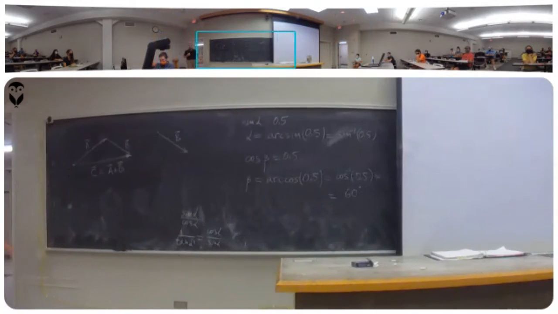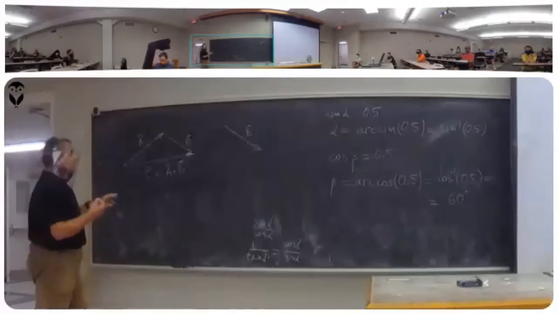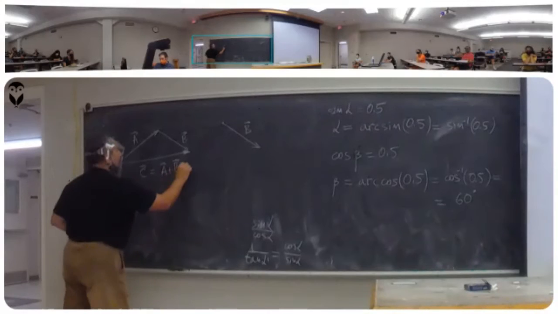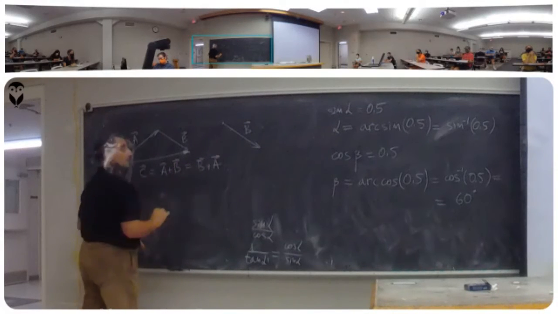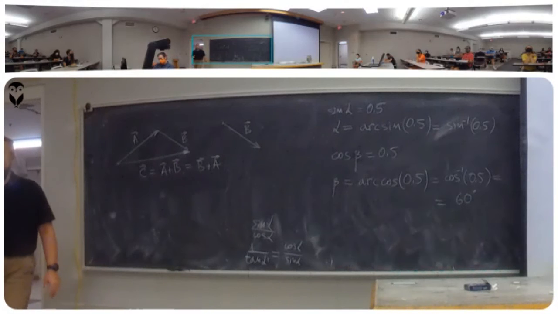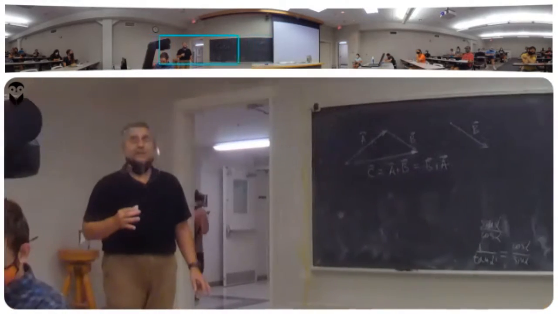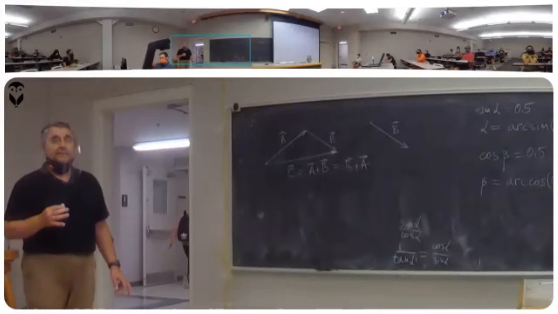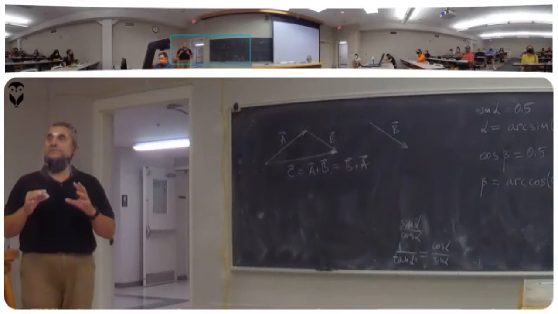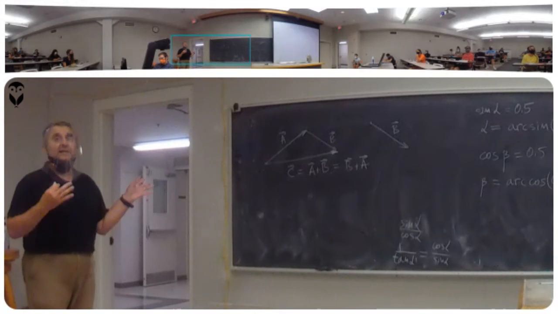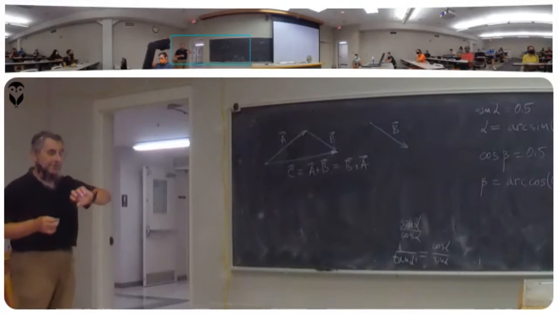You can convince yourself that the sum of two vectors is commutative. In other words, A plus B is the same thing as B plus A. You can introduce a vector in opposite direction and so on. Associative rule. So the usual rules that numbers satisfy are going to be satisfied by this definition for vector summation.